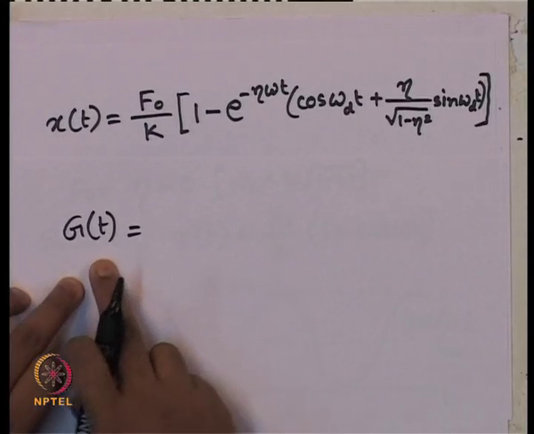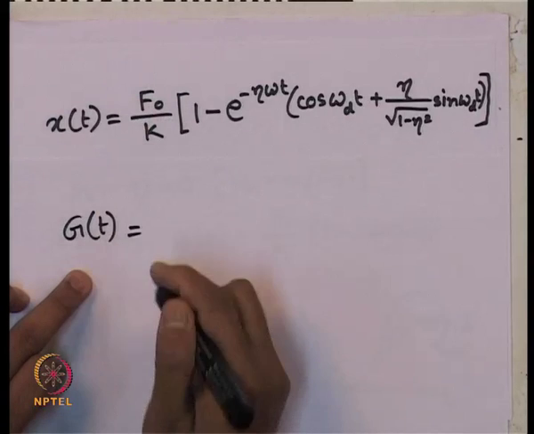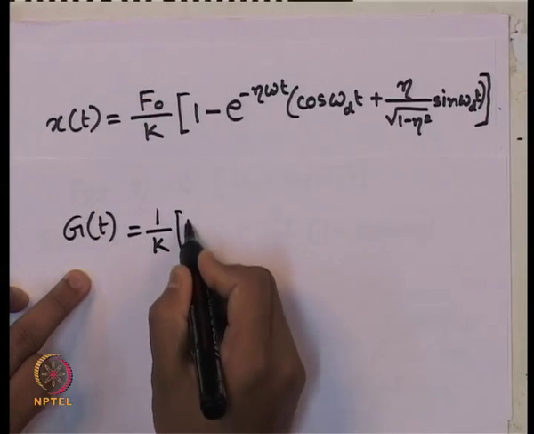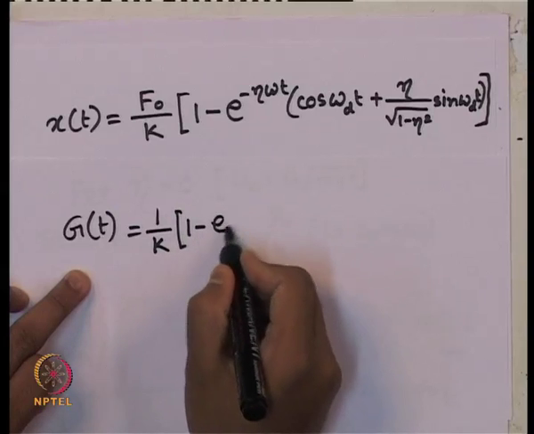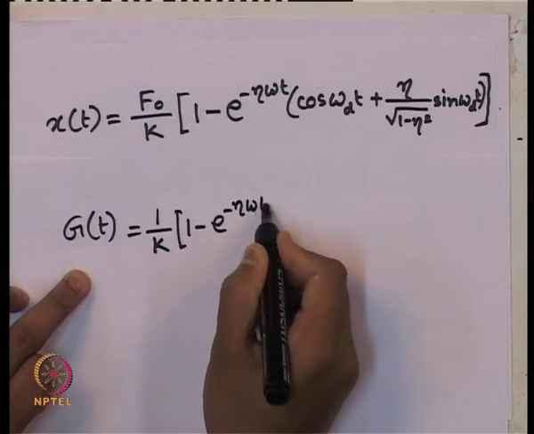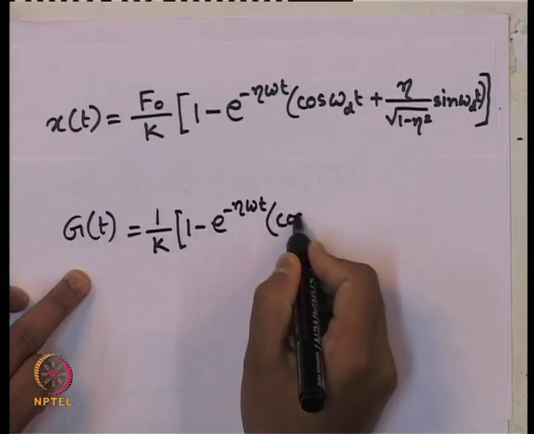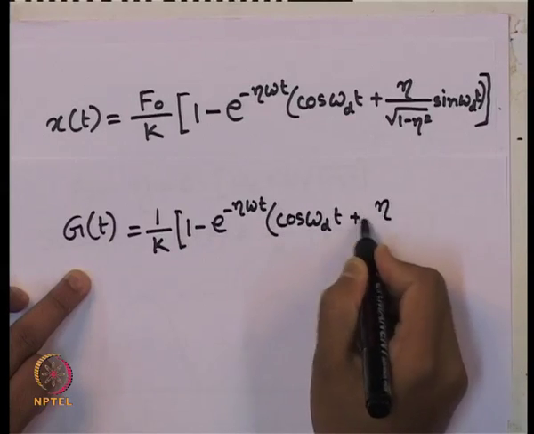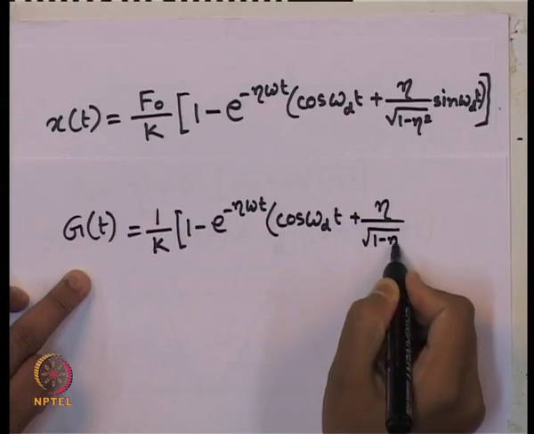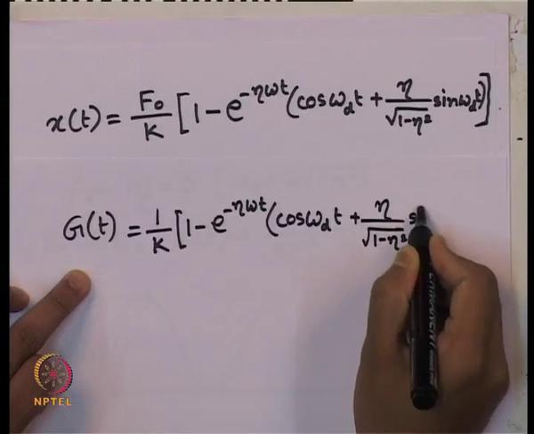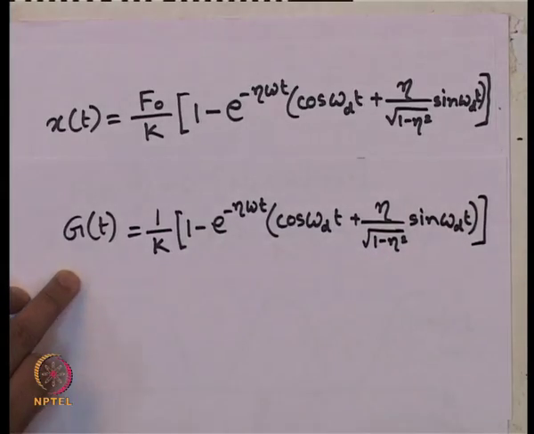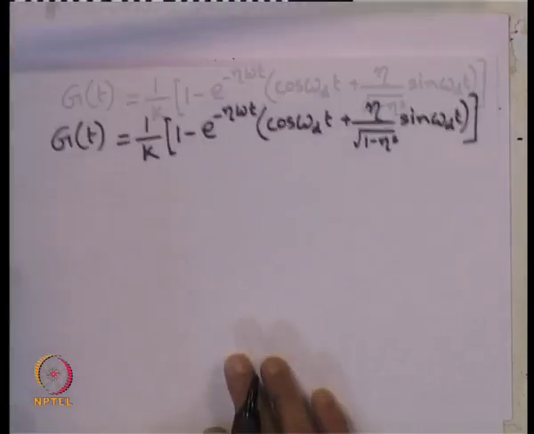So, g of t means it is for unit load. So, it will be 1 by k times 1 minus e to the power minus eta omega t, cosine of omega d t plus eta by root over 1 minus eta square sine of omega d t. That is our indicial response function.